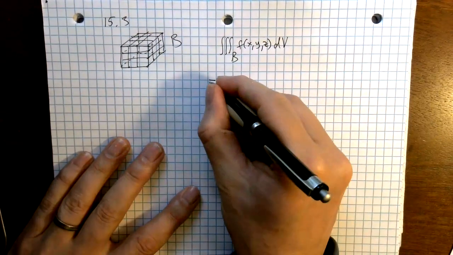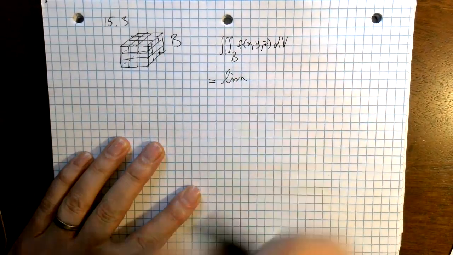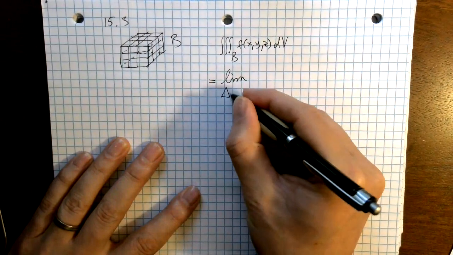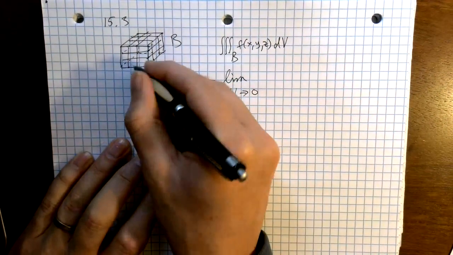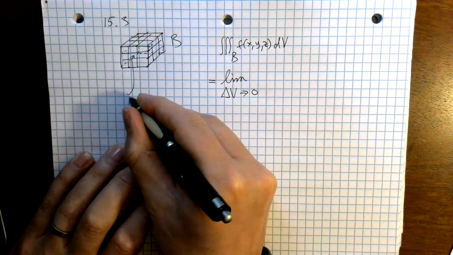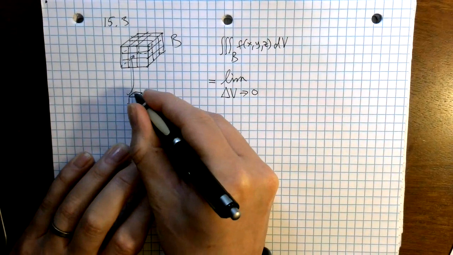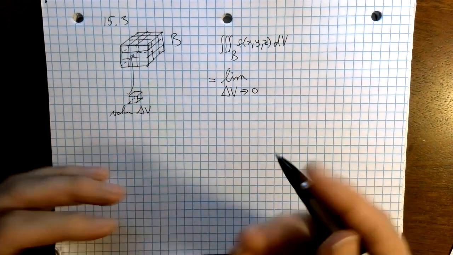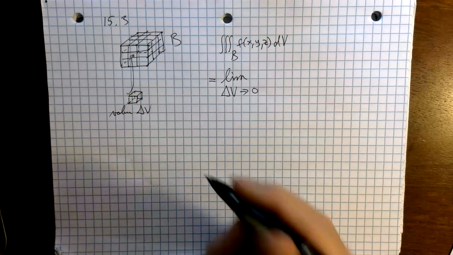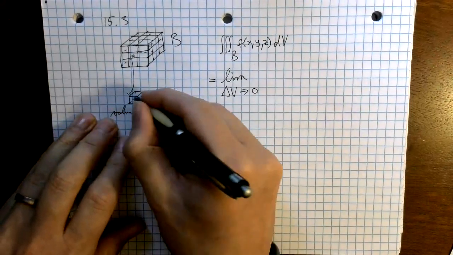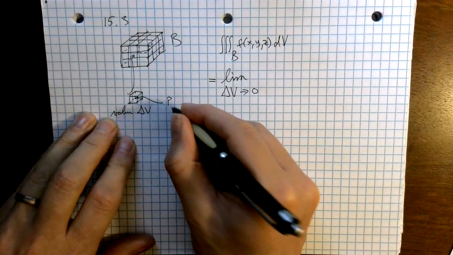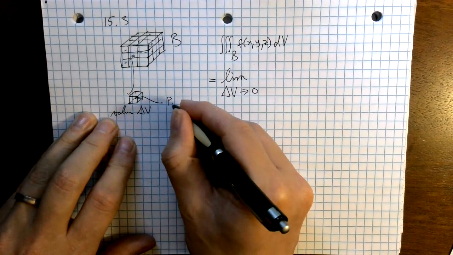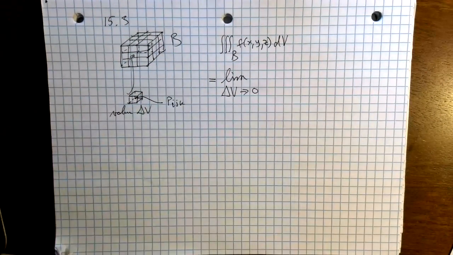What is this? Well, this is really, let me just be very vague, the limit of this delta V going to 0, where delta V is, if I look at one of these little boxes, it has volume delta V. Really tiny box, tiny volume, and in each one of these there is a point P. Let's call it P_ijk, because there's really going to be three different indices.